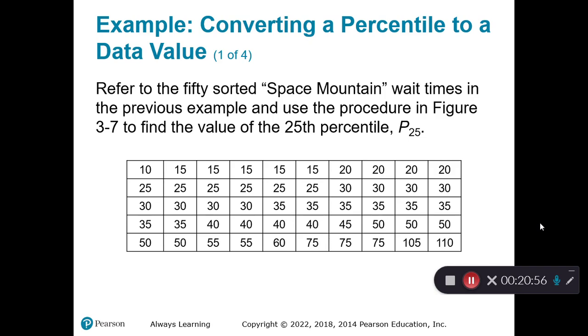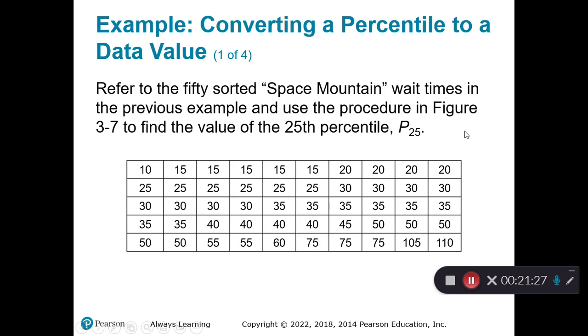The previous example said find the percentile for a wait time of 45 minutes. So that question was worded so that we were looking at a data value and trying to find what percentile that corresponded to. This is a different question, and it goes in a different order. It's saying we want the 25th percentile, we just don't know which data value that is. So we start out knowing the percentile, and we have to work backwards to find what data value that corresponds to.